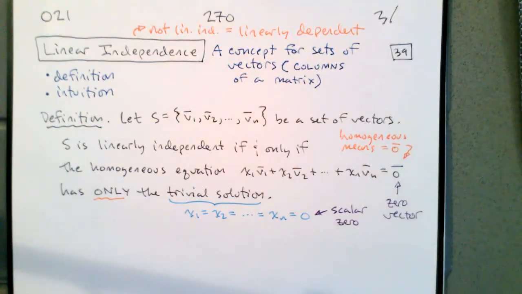And this will be a linearly independent set if the homogeneous equation has only the trivial solution. The homogeneous equation is always consistent, because if all the coefficients are 0, then we get a solution.